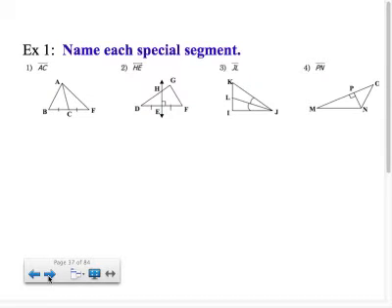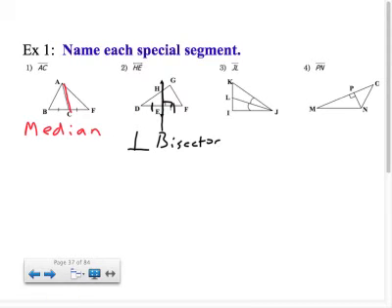Okay, example 1, we're just kind of reviewing here. It says name each special segment. So in part A, AC goes from one vertex to the midpoint of the opposite side. Therefore, that thing is a median. In part B, HE goes through the midpoint and is perpendicular. Therefore, this thing is a perpendicular bisector. That was section 2.